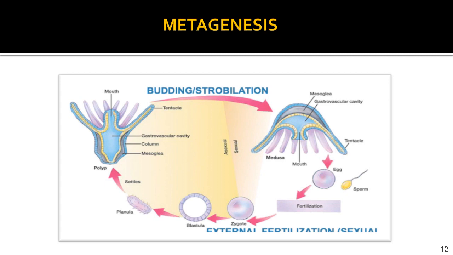So listen to this figure. The first figure is one hydra, right? Which form is there? Cylindrical shape. That's why we could say it is in a polyp form, right? This polyp form of hydra, when it is in cylindrical shape, produces a medusa by the asexual reproduction method.